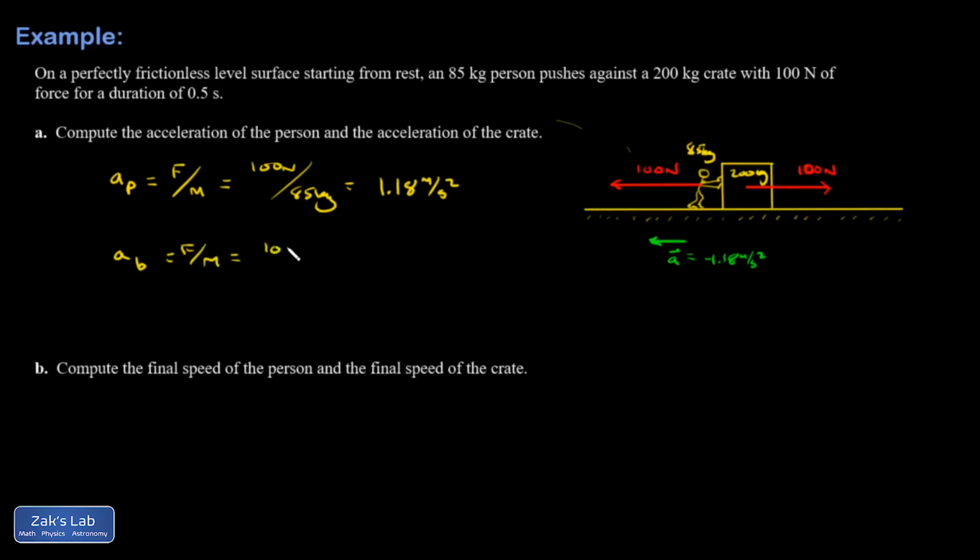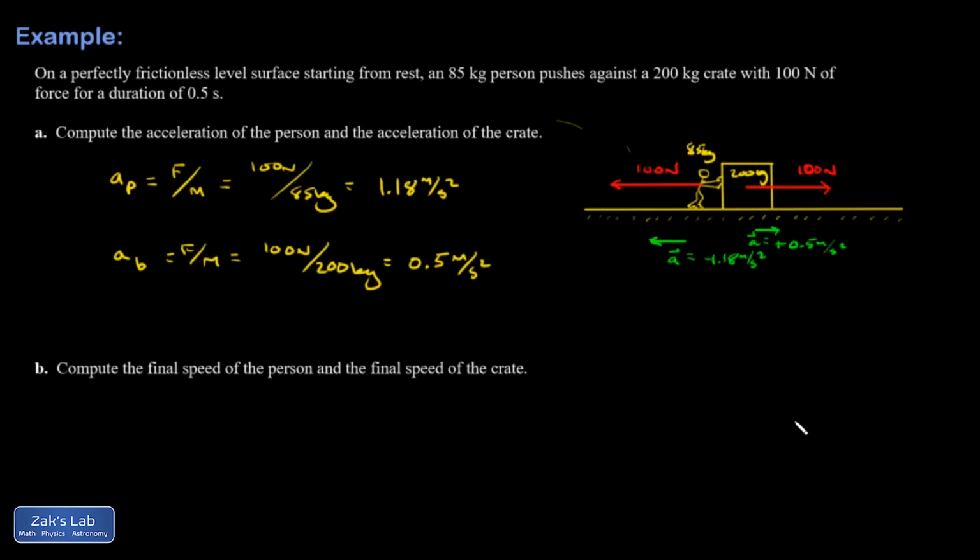So it feels a 100 Newton force, but it's 200 kilograms of mass, and that gives me 1/2 or 0.5 meters per second squared. And again, just for completeness, I could show the acceleration vector on here. It's smaller, and it's plus 0.5 meters per second squared. So that'd be a vector.